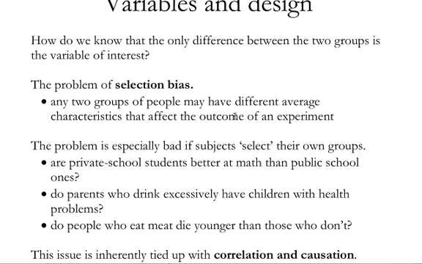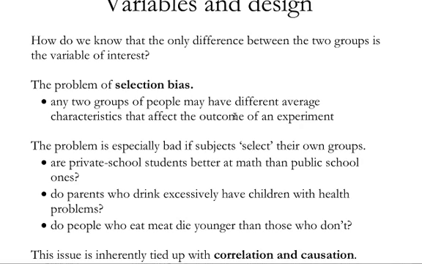Here's case one. Are private school students better at math than public school ones? We're going to be studying different students here, and what's the problem? We find a difference where one group is better than the other group, and we conclude that one kind of school is better at teaching math. What's the problem? The problem is that before this experiment ever started, one group of students chose, or their parents chose, or some set of societal forces chose to have them attend either a private school or a public school.